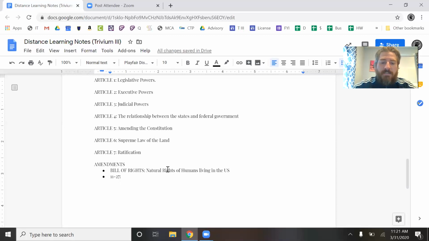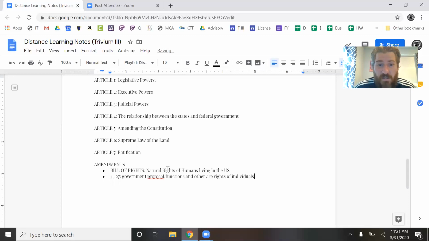These are other rights. Some of them are what we would call government protocol, or how the government functions, and others are rights of individuals.